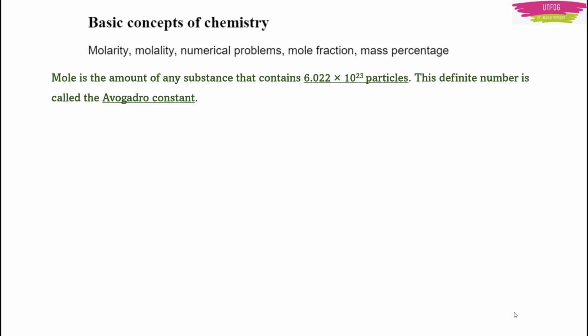Whenever this mole concept comes to our mind, we need to use Avogadro's number. So basically, 1 mole of a substance is equal to 6.022 into 10 raised to 23 particles of that substance only.